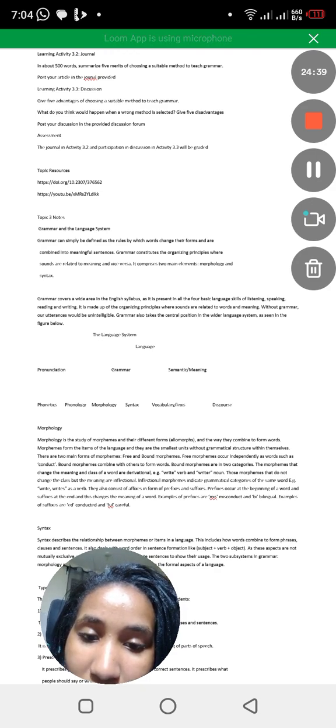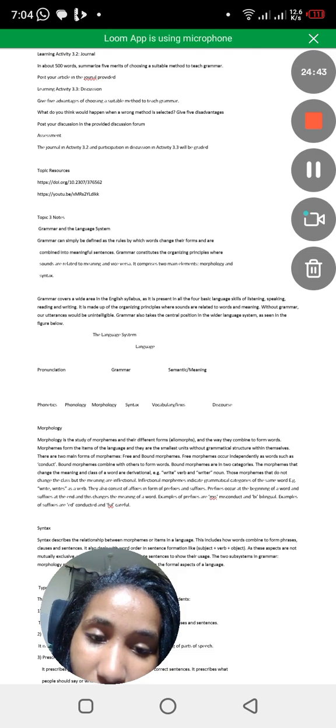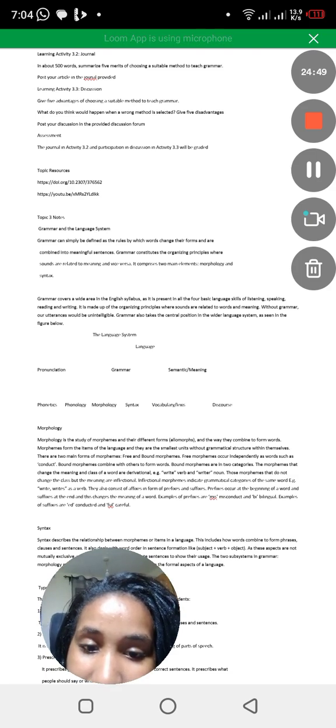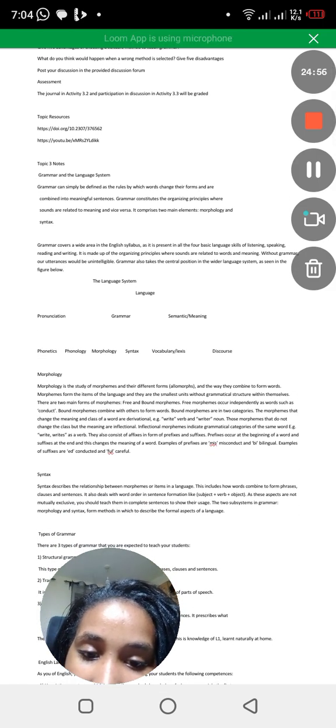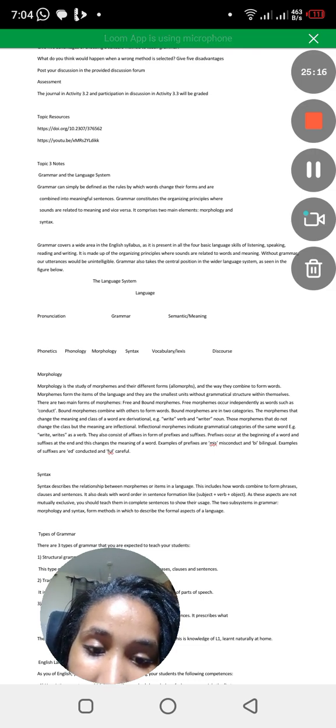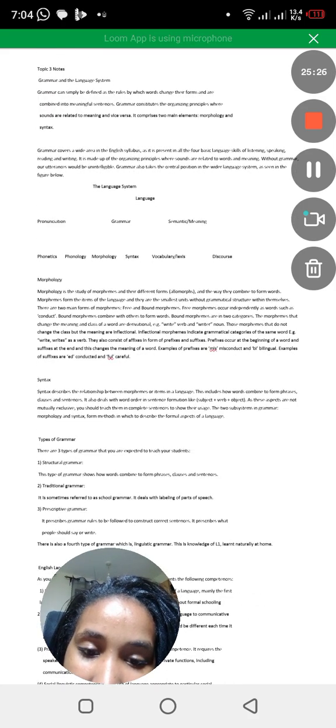We also have some English language competences. As the English teacher, you should aim at developing among your students the following competencies: linguistic competence, that involves the speaker's knowledge of a language; communicative competence, that requires the speaker's ability to use language appropriately to communicate; and also pragmatic or strategic competence, that requires the speaker's ability to use language for a range of public and private functions; and also sociolinguistic competence.